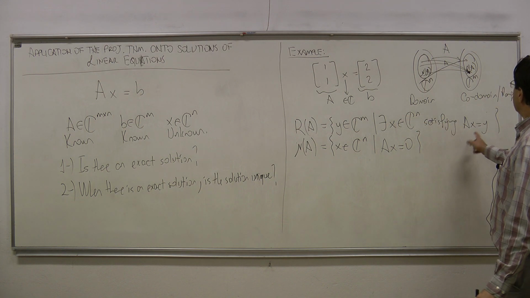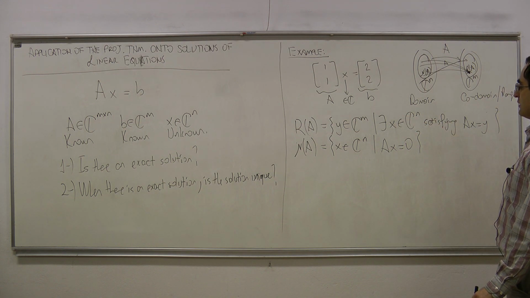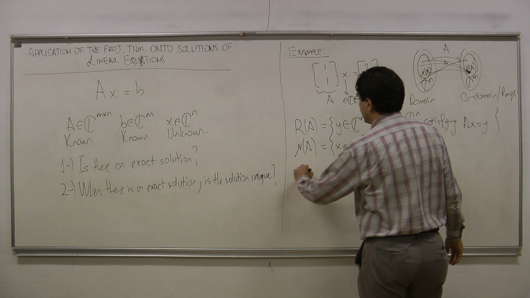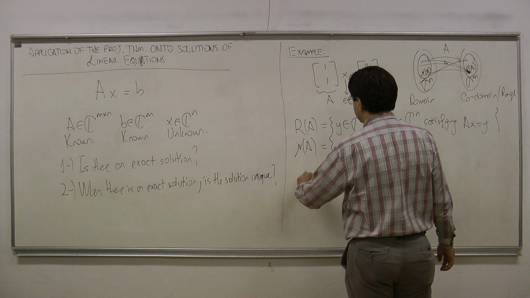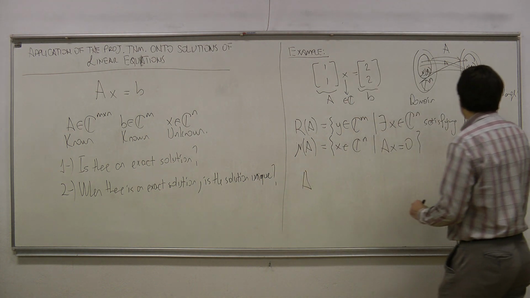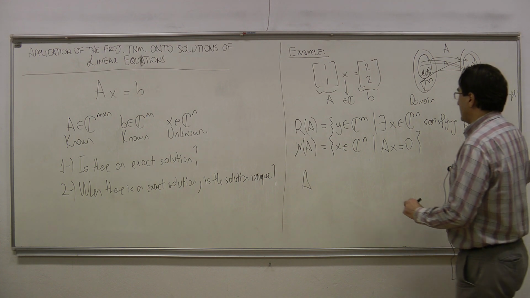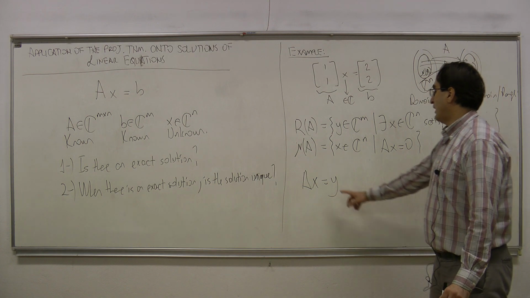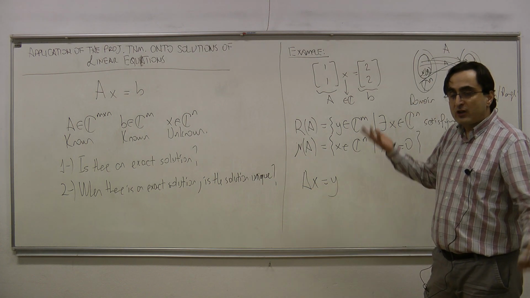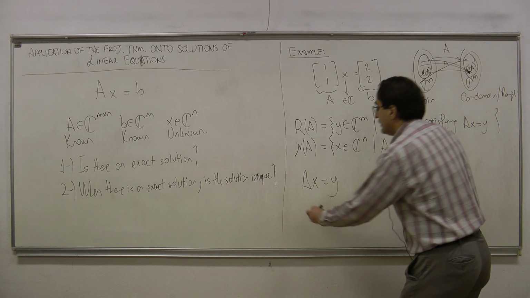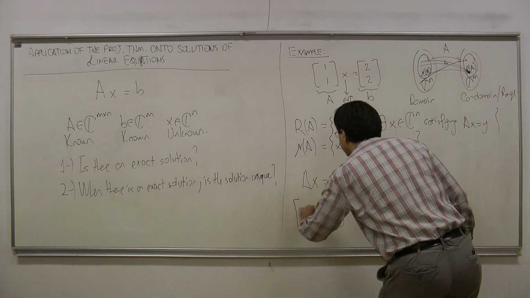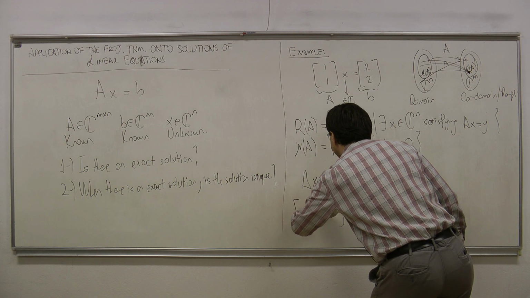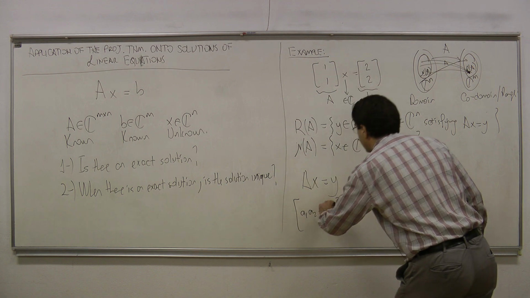So here I'm going to come up with another description of the range space. If a vector Y is inside the range space, then I can write that vector as A times X for some X value. Let me write the columns of A as A1, A2, going until, let me say, AN.